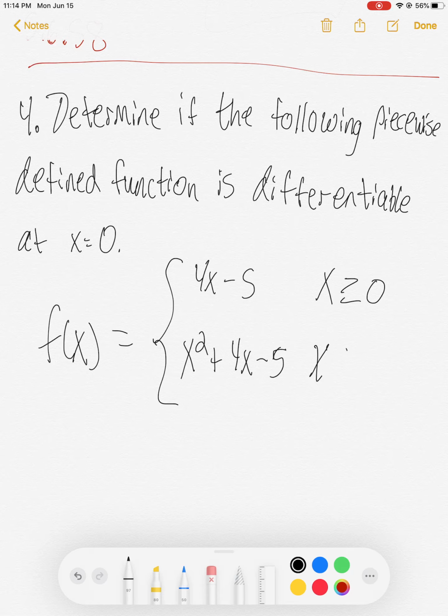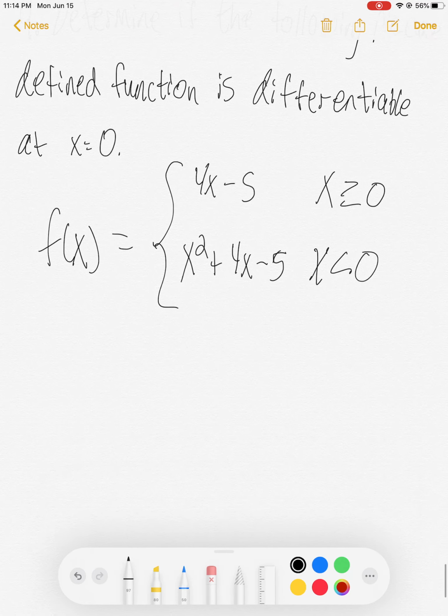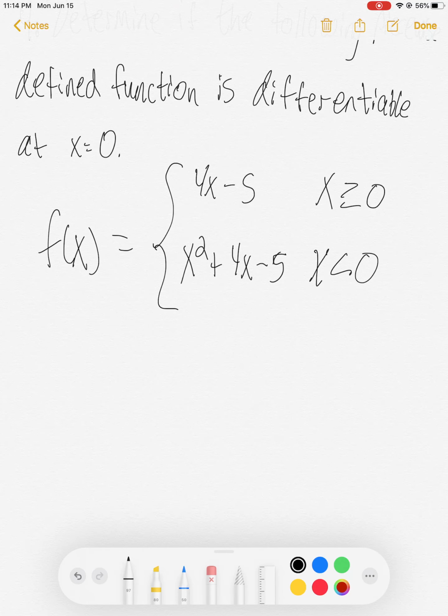Okay, so the function is f of x equals, piecewise as promised, 4x minus 5 for x greater than or equal to 0, and x squared plus 4x minus 5 for x less than 0.